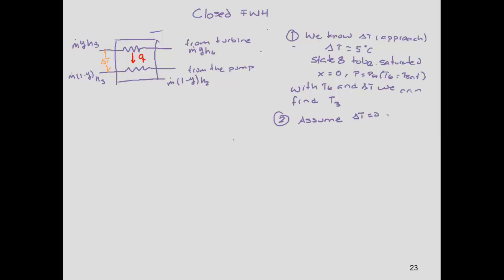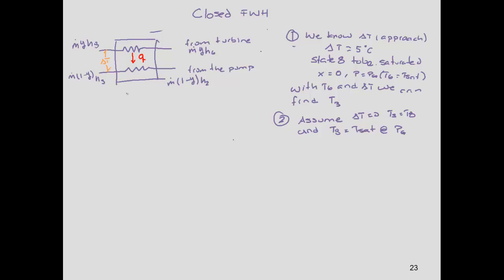In that case, we're going to assume that T3 equals T8, and T8 is T sat at P6. This is more conservative. We know that this delta T cannot be 0, but with that we can compute these two values. So at the end, the only problem will be to find out y.